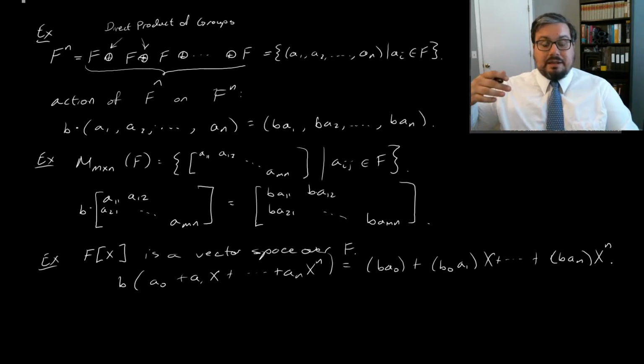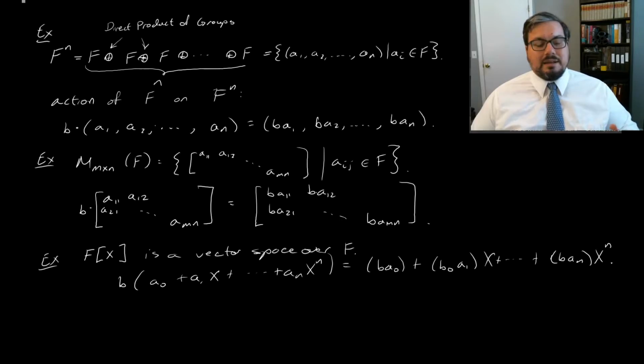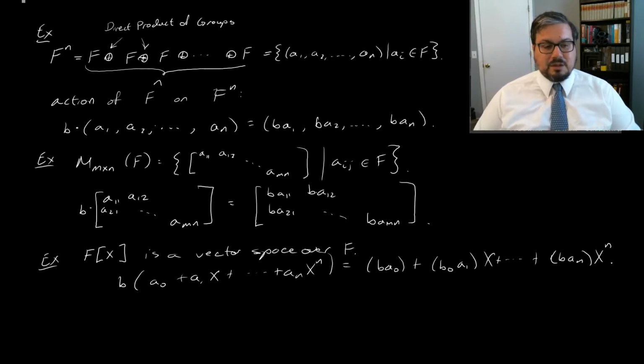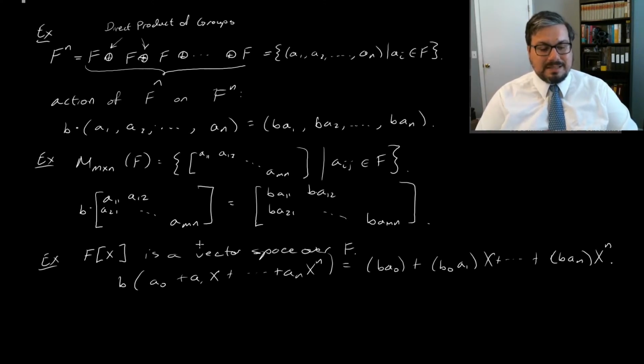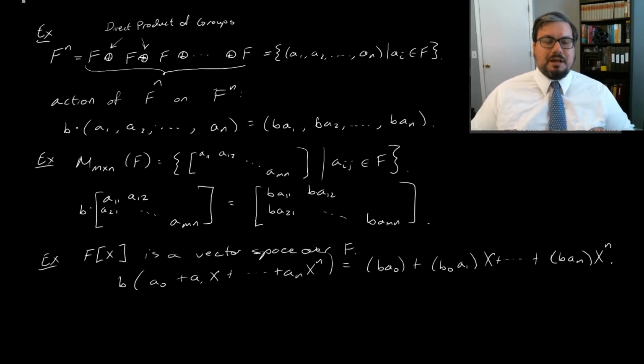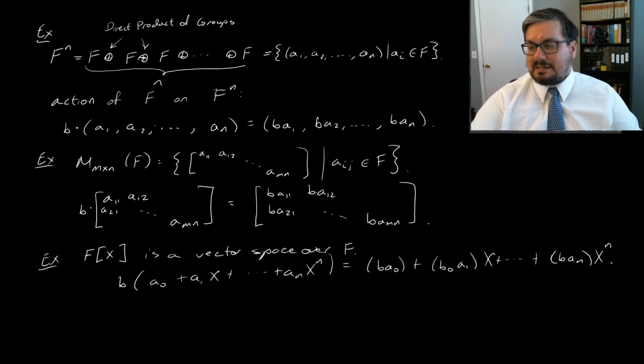And in fact, given any number, you can always find an element of F adjoin X that needs more than that many field elements to describe. So once we get there, it's going to turn out that our first two examples are finite-dimensional vector spaces, and F adjoin X is an infinite-dimensional vector space. But it's going to take us some work to be able to define dimension properly and make that statement explicit.